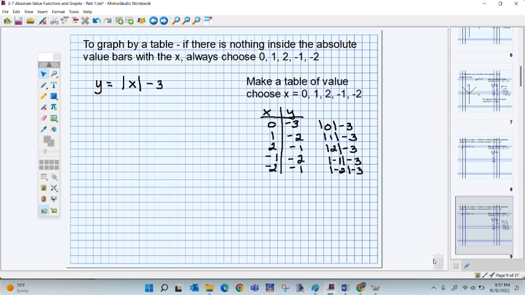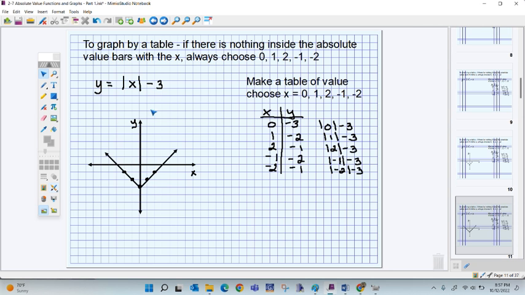So once again, we can put these into your graph. Make your graph 0, -3, 1, -2, 2, -1, -1, -2, -2, -1. Connect the dots.